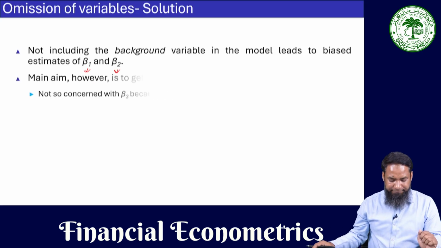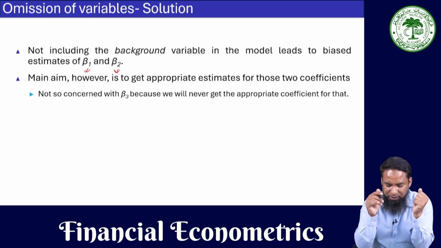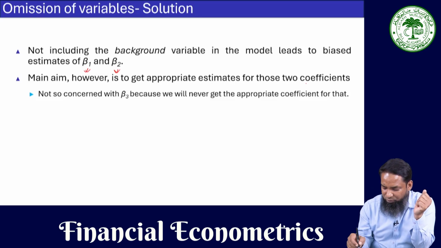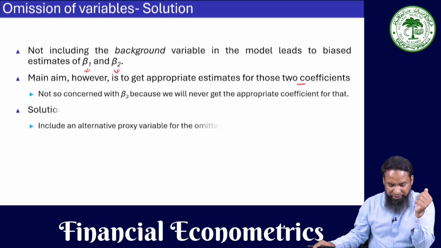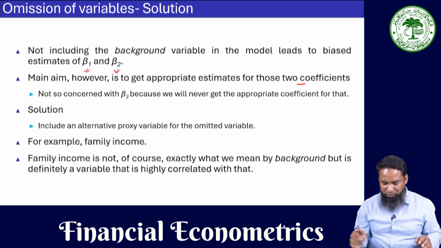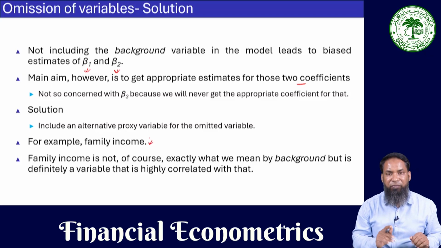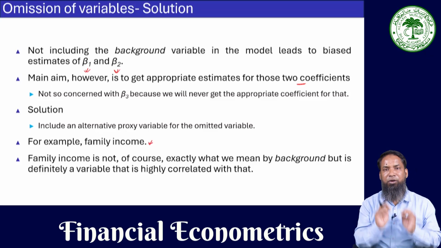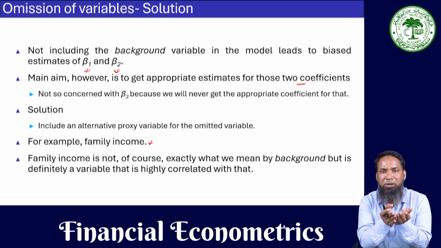Now, let us say the main goal here was to get appropriate estimates of those two coefficients. Then we are not so much concerned about beta 3. Then what can we do? We can take a proxy variable for the omitted variable. Let us say we take family income. We know that family income cannot represent the true picture of the socio-economic background.